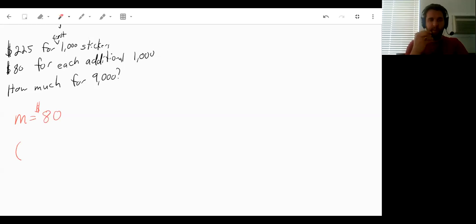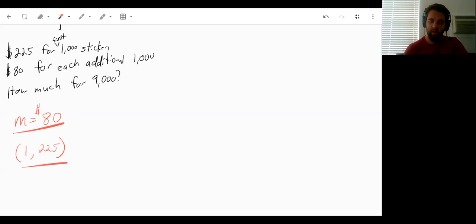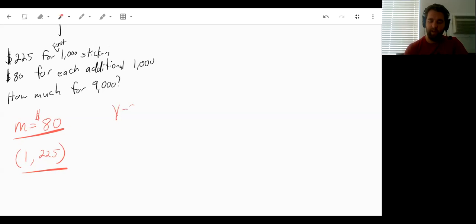Well, another way we can think about that, since this wanted us to write it in terms of thousands of stickers, is at 1,000 stickers, or just one in this case, how much did it cost? It cost $225. Well, now we have a slope, we have a point, we can write an equation in point-slope form. So y minus your y coordinate equals your slope, x minus your x coordinate.